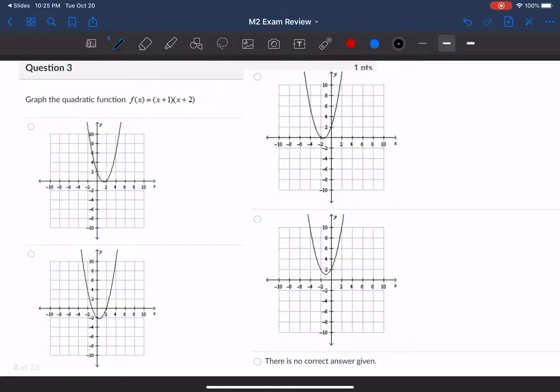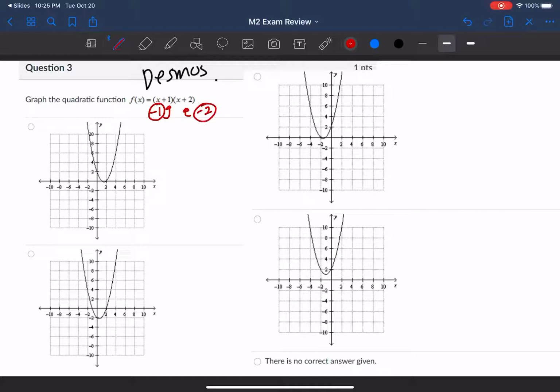So graph the quadratic function f of x equals x plus 1 times x plus 2. You can definitely use Desmos. Or the easy way, since we learned this chapter, we know if x is negative 1, this equation becomes 0, right? So one of the solutions is negative 1, and the other one is negative 2.